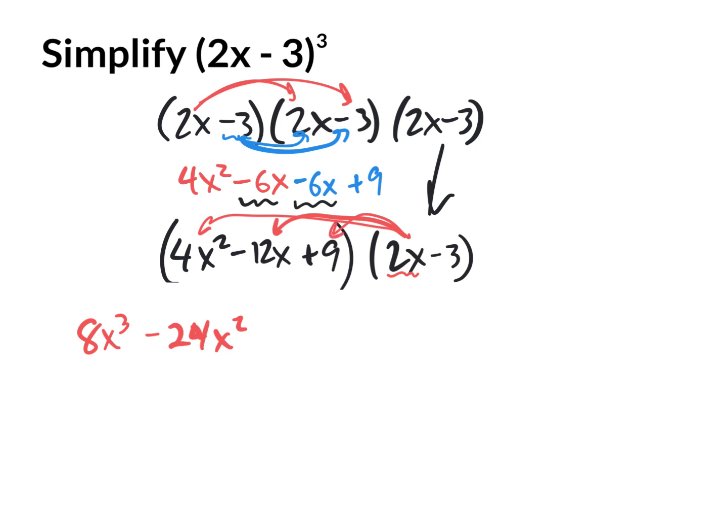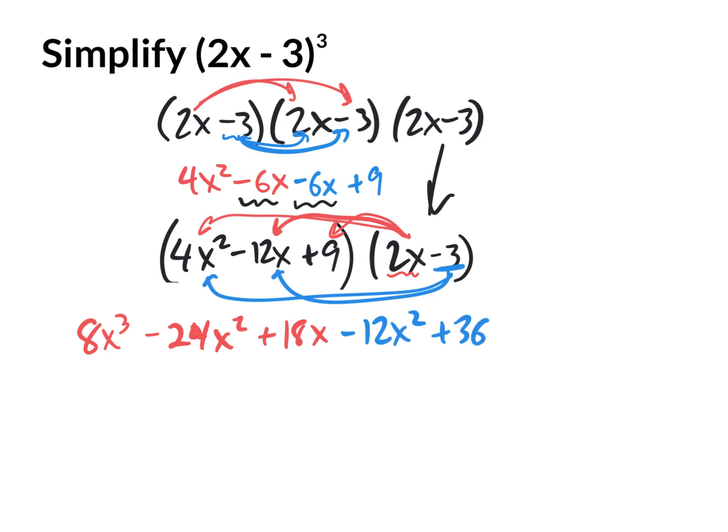And then 2x times 9, that's 18x. We've distributed the 2x, now we need to distribute the minus 3. So minus 3 times 4x squared, that's negative 12x squared. Negative 3 times negative 12x, that's a positive 36x. And negative 3 times 9 is negative 27.